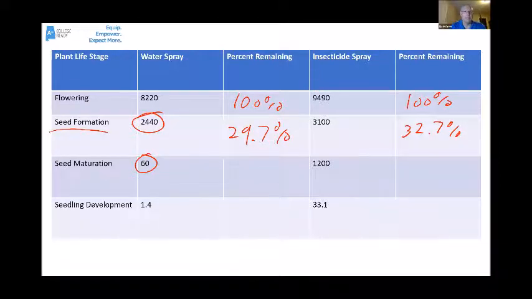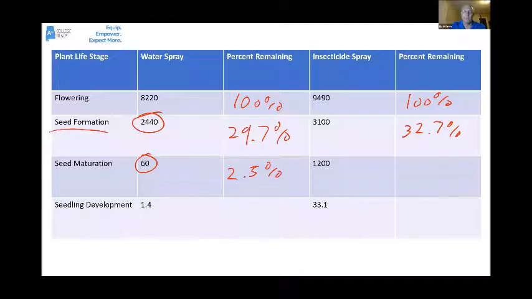Again, I want to make this a percent, so I multiply by 100 and I get 2.5%. On the other column, I'm going to divide 1200 by 3100, and in this case, I get 38.7%.